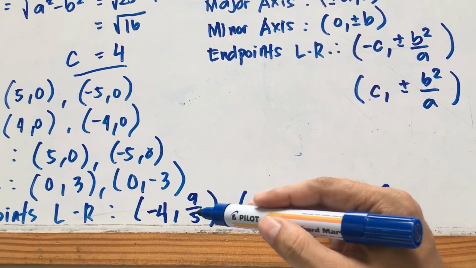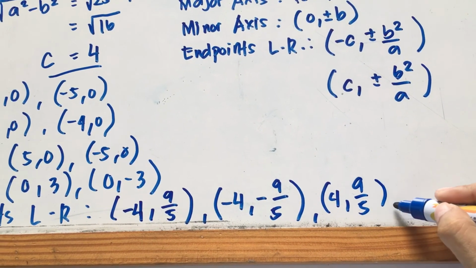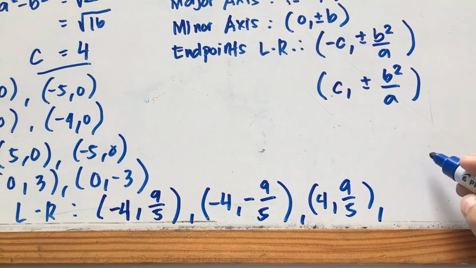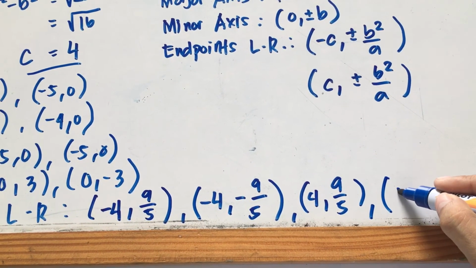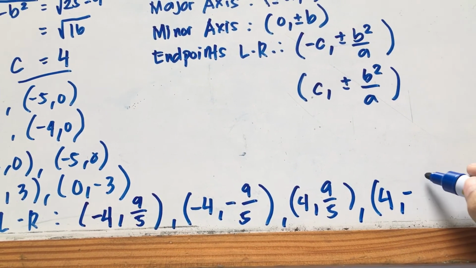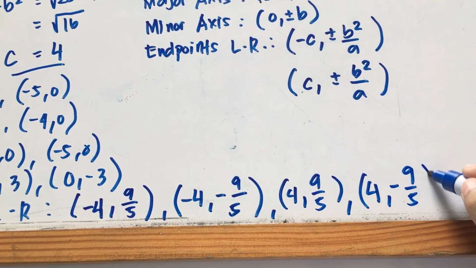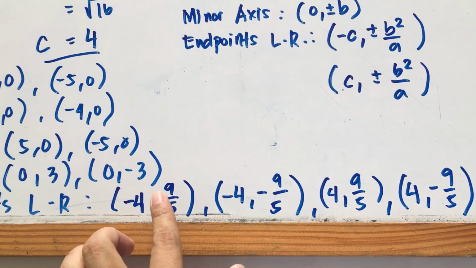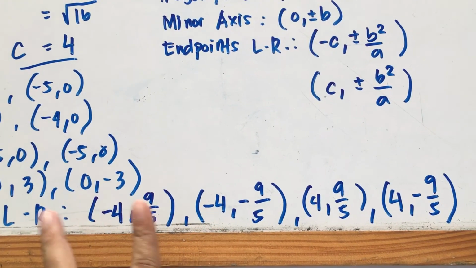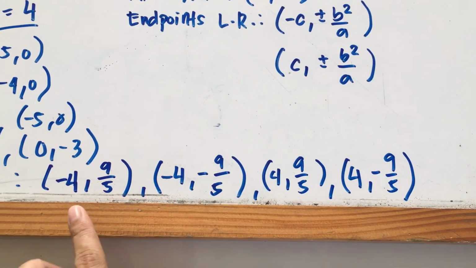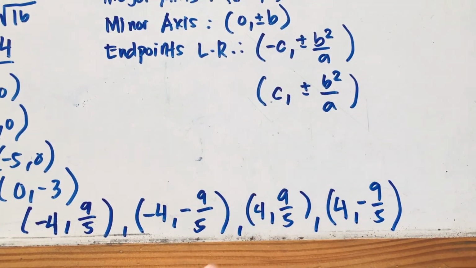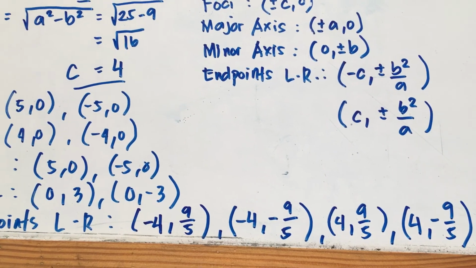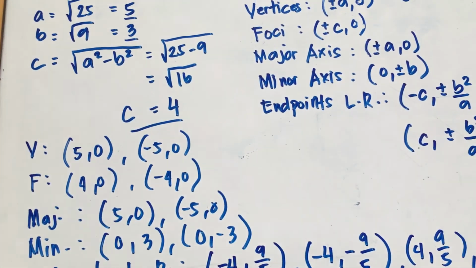Again, they're quite the same, because it's just B squared over A. And then positive 4 and negative 9 over 5. So it's just 4 and 9/5 in all of them, but with different signs. So again, please take note of the following.